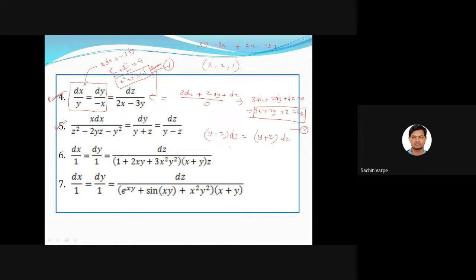So y minus y dy minus z dy equal to y dz plus z dz.